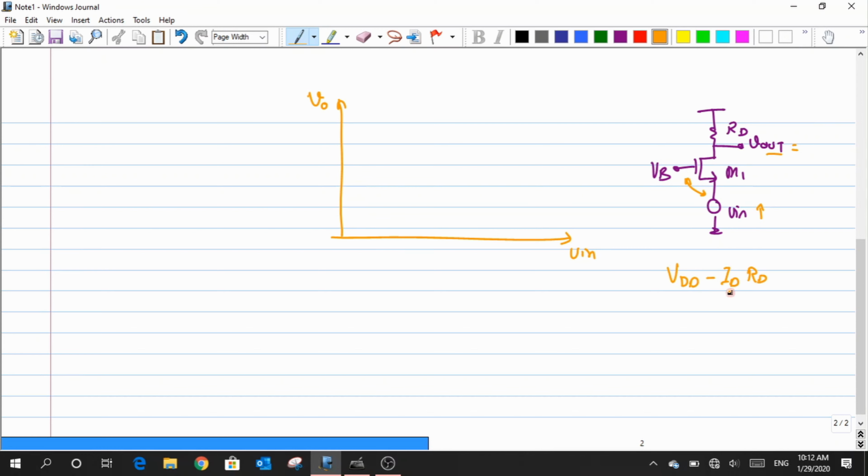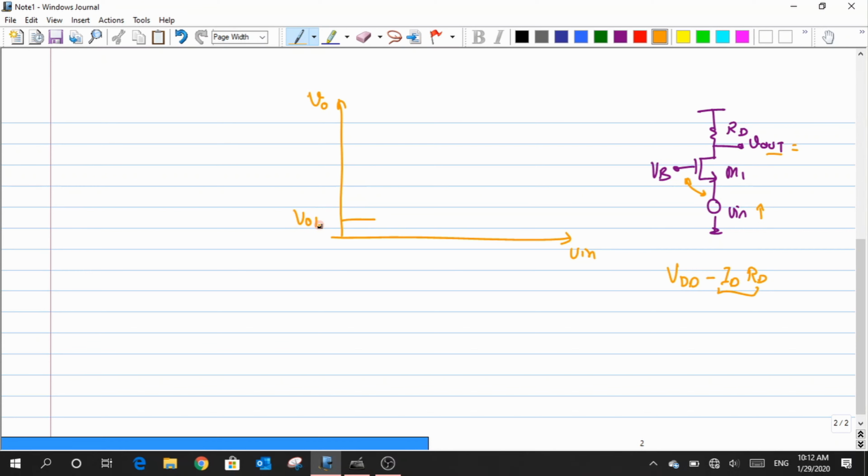So basically the drop across this RD is high, due to which I will begin with this particular quantity here. This ID I cannot fix, because the ID also changes the moment I start varying my input. So let me just have a simple label for this. Let me label it as VO1.